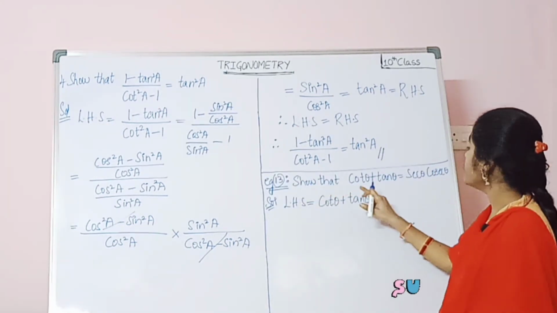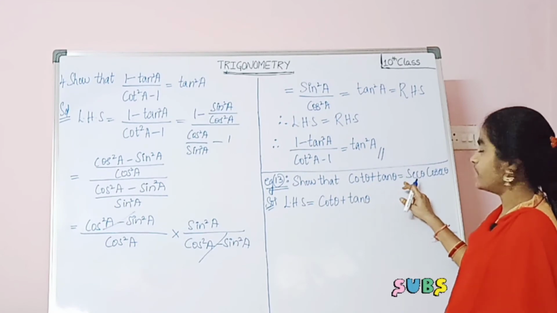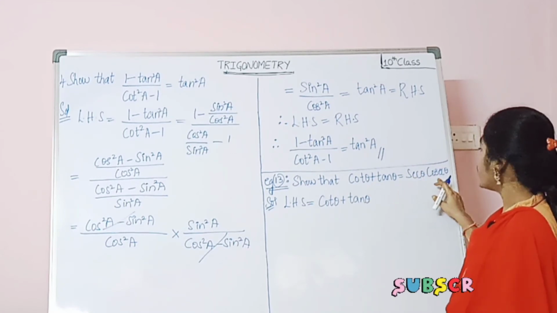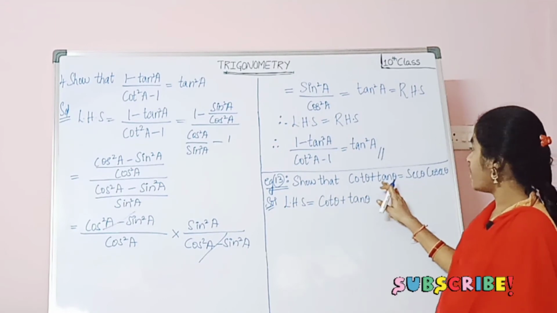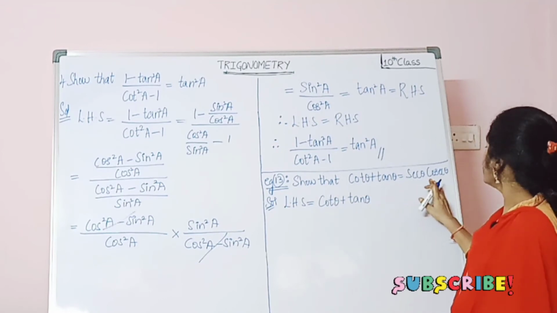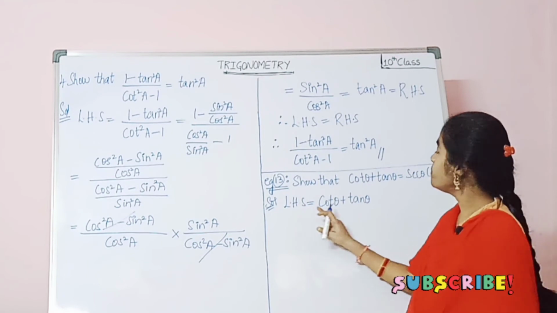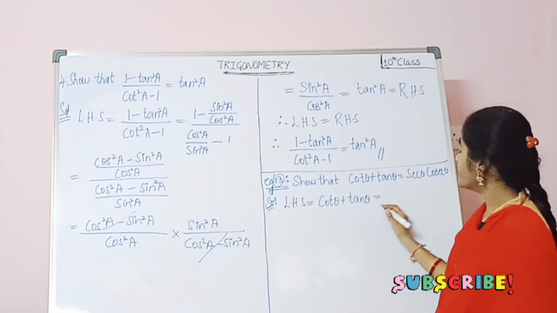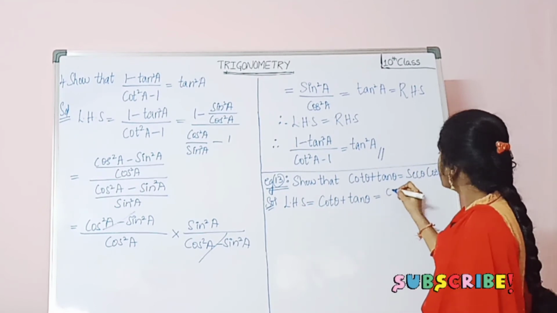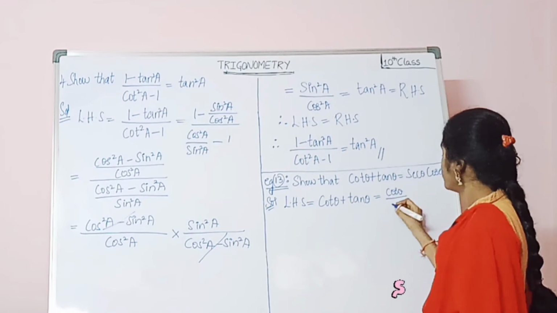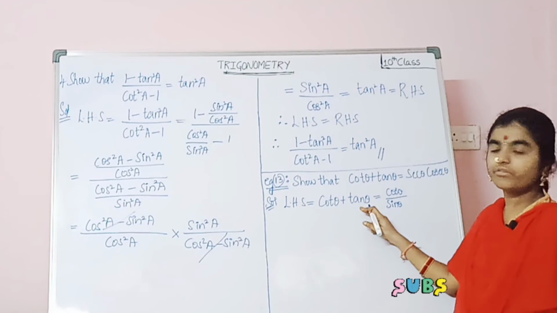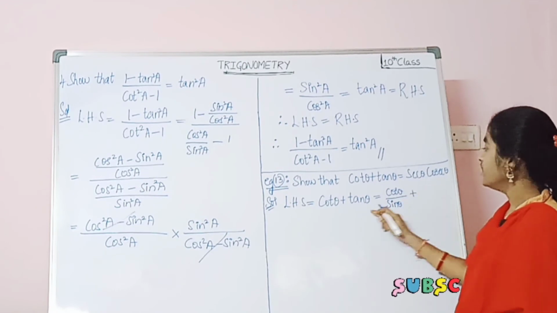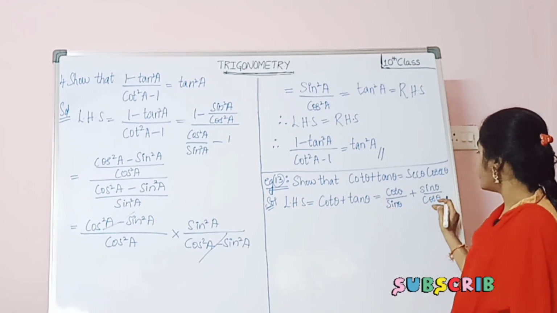Show that cot theta plus tan theta equals secant theta into cosecant theta. What do we have to show here? Cot theta plus tan theta equals secant theta into cosecant theta. So LHS equals cot theta plus tan theta. Cot theta can be written as cos theta by sin theta, plus tan theta can be written as sin theta by cos theta.